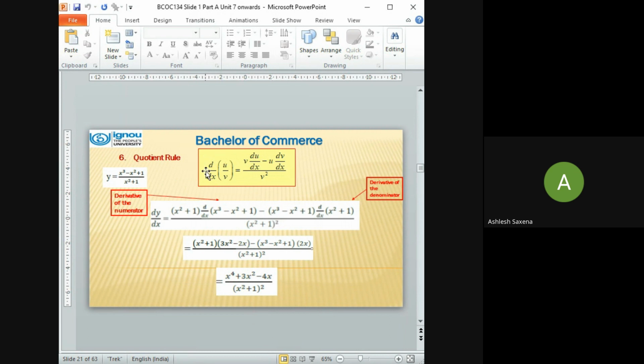You can see over here, this is u by v square. Whatever u is there, bring it over here, and differentiate it. v into du by dx minus the numerator into the derivative of the denominator. These all four things will be in the numerator.